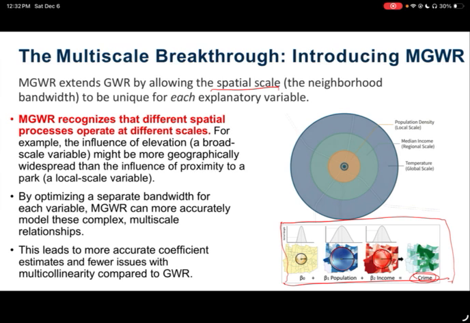So in here, since they have different impact areas, we cannot assume the impact of income and population are the same. That's why we want to use MGWR, since the bandwidth, or the size used when you calculate the coefficient for income and the coefficient value of population, are all different.